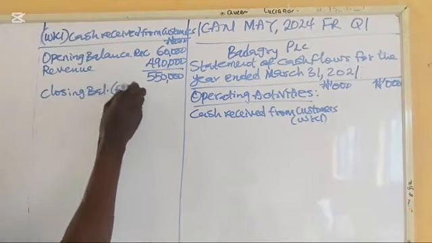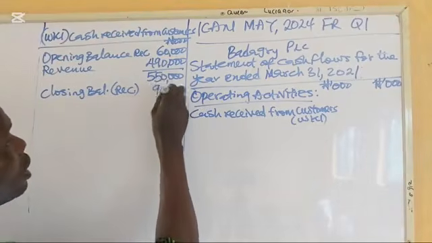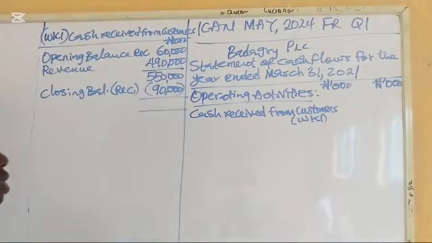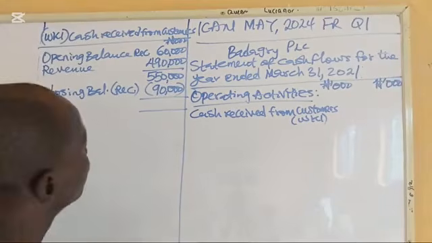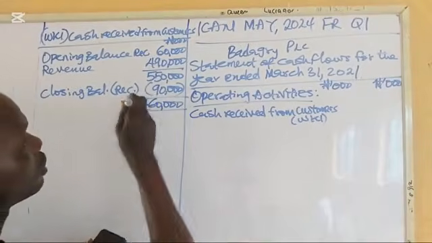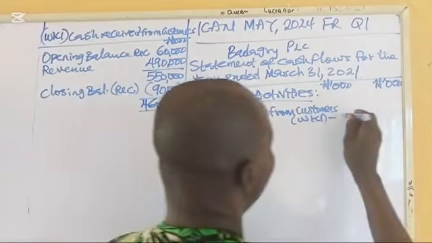How much? 90,000. So if you subtract it, how much do you receive? 460,000.